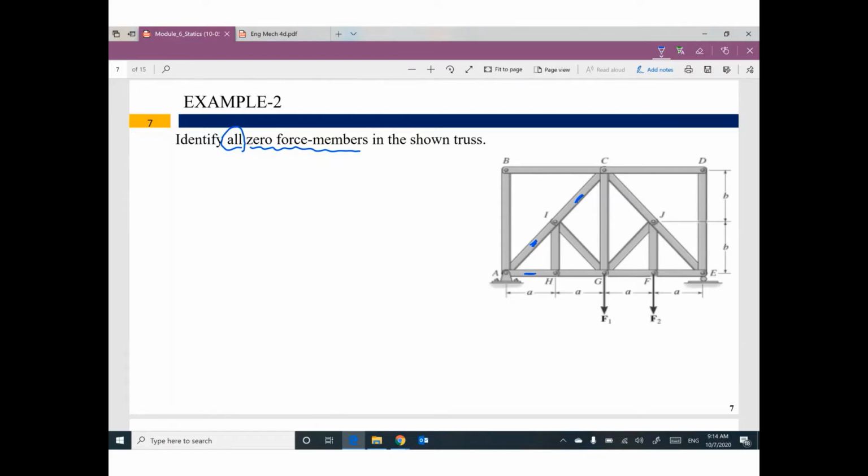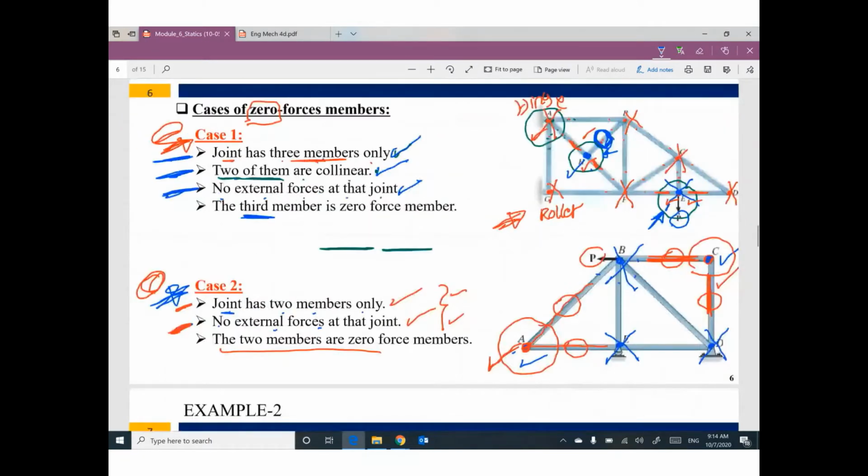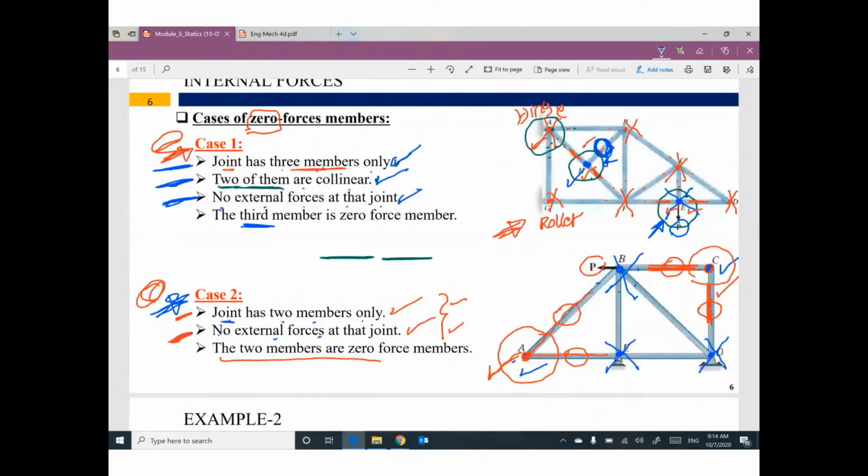Let's start. Start with what? Let's start with case number 1 or case number 2. What do you think? Let's start with case number 2. It's very easy.